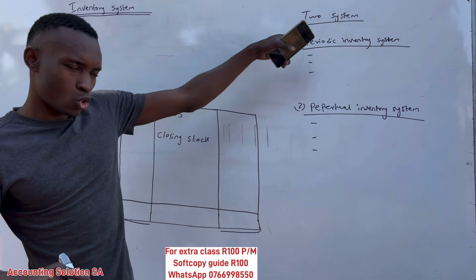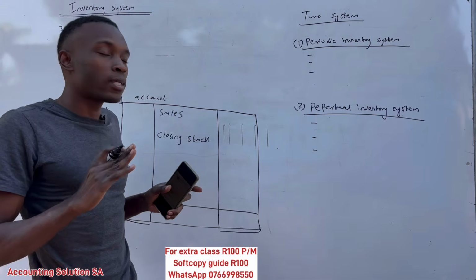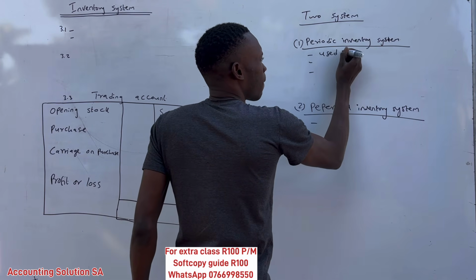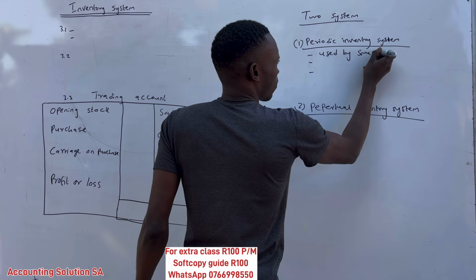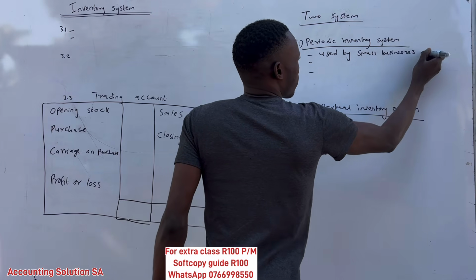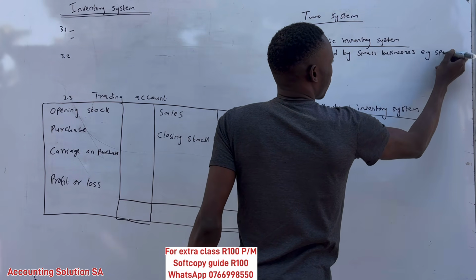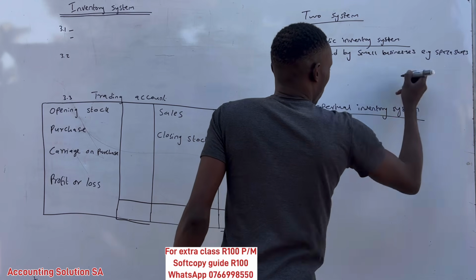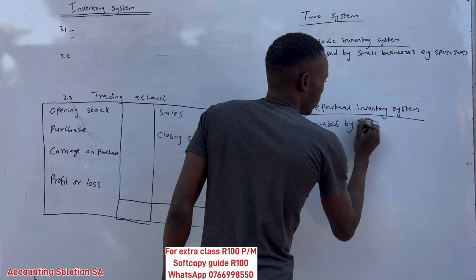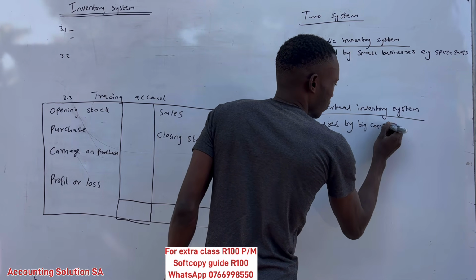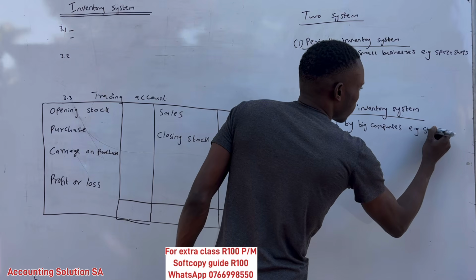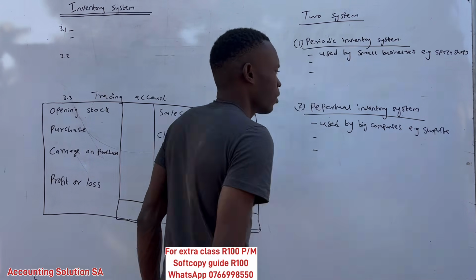Number one that you need to identify is that the periodic inventory system is used by small businesses, for example a spaza shop, whereas the perpetual inventory system is used by big companies, for example ShopRite.